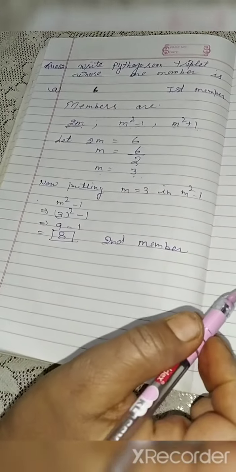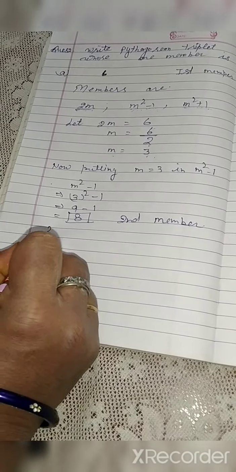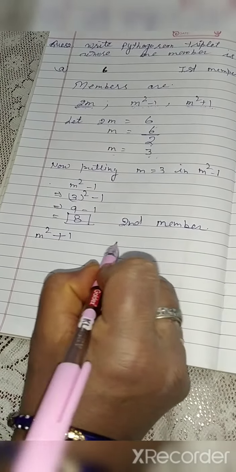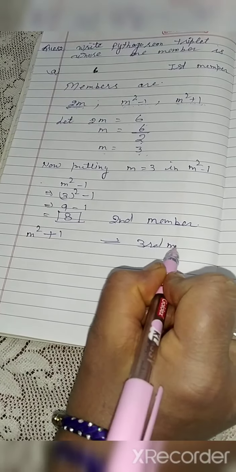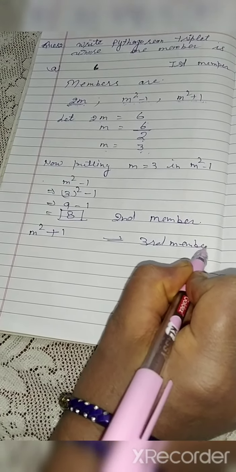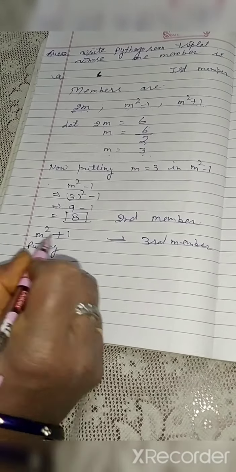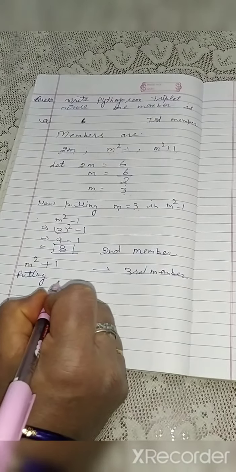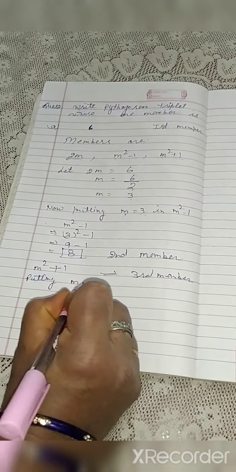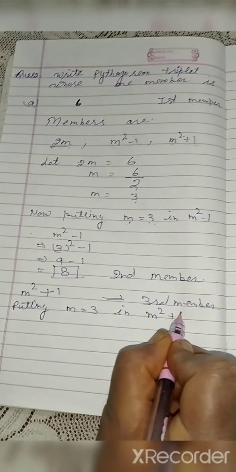Now we are finding the third member. Third member is m square plus 1. Now we have to find out the third member. So putting, what is the value of m? m is equal to 3. What was the value of m that we got? Putting m is equal to 3 in m square plus 1.